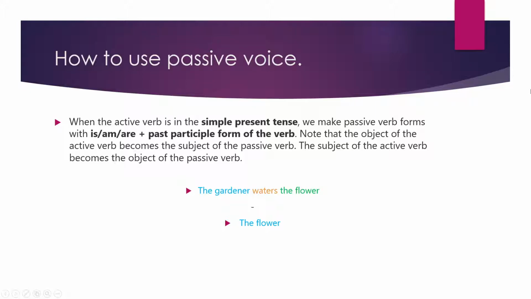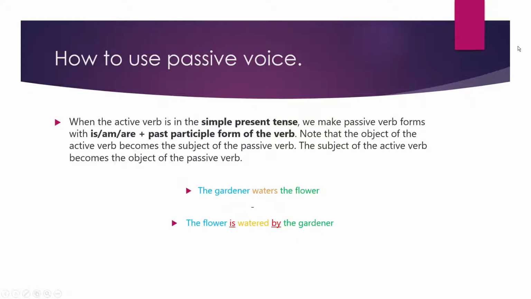So we start with the flower. And then we want to use is, am, are. So we're going to use is in this case. The flower is. And here we have the simple present tense is waters, and we want to use past participle, which is watered. So the flower is watered.